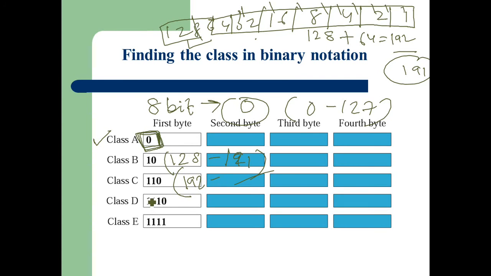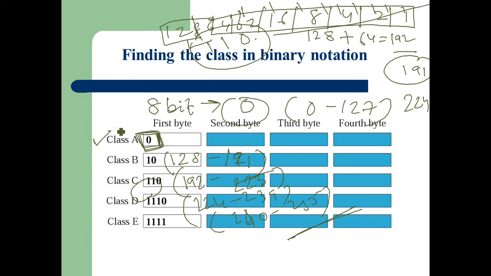If it is 110, that means if I fix it to 110 and the remaining bits are all 1, then it has to be 224. So it will be in between 192 to 223. Class D, then again 224 to 239, and this will be 240 to 255. Like that, by seeing the first 8 bits, I can classify.